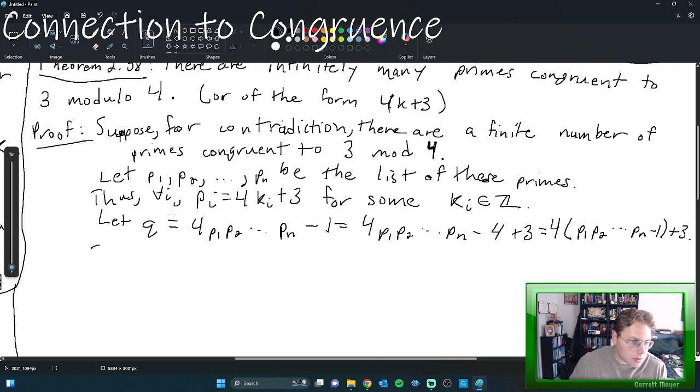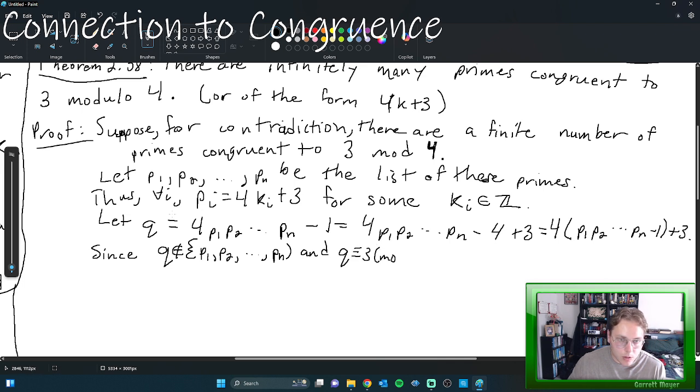Now, since q is not in this set, and q is congruent to 3 mod 4, q is not prime.